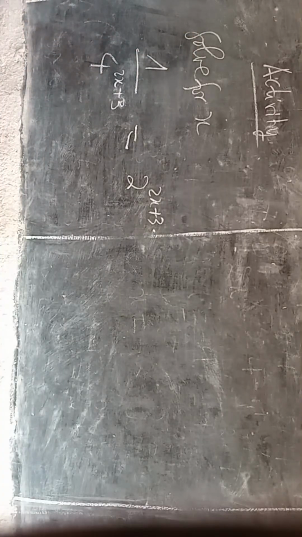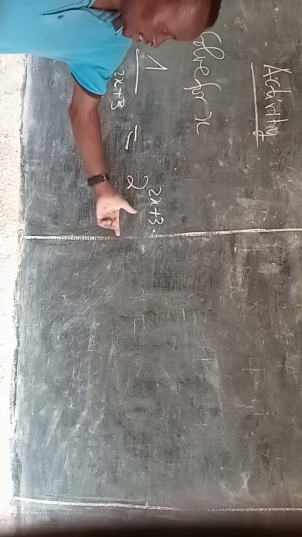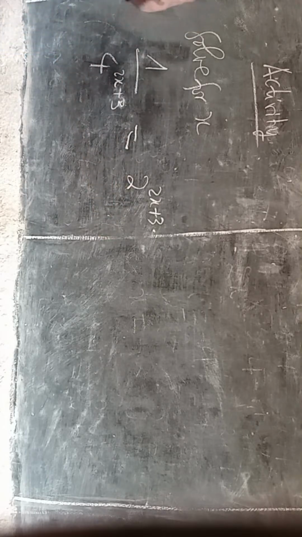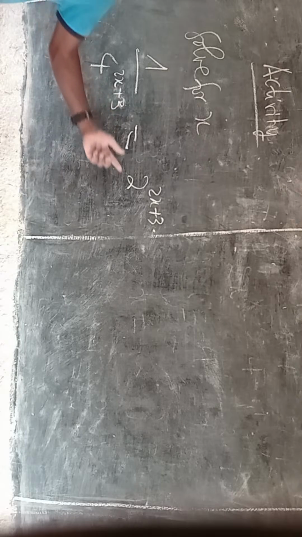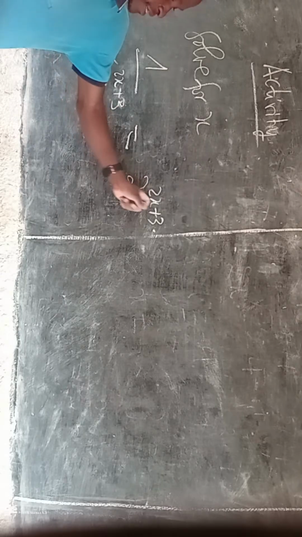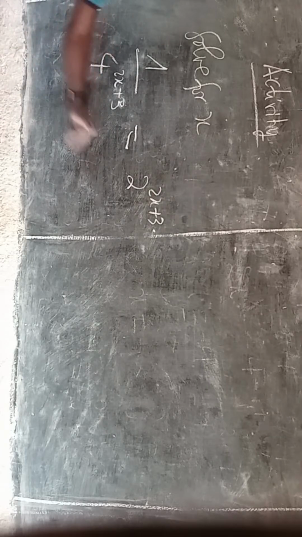This is a personal activity that everyone is going to do. Please, you have to do it clearly. You see, we have given 1 over 4 power 2x plus 3 is equal to 2 power 2x plus 3. Do it, please, personally.